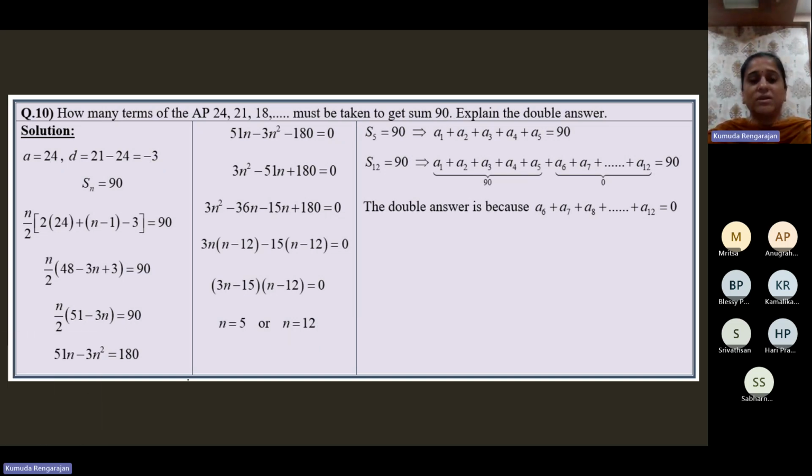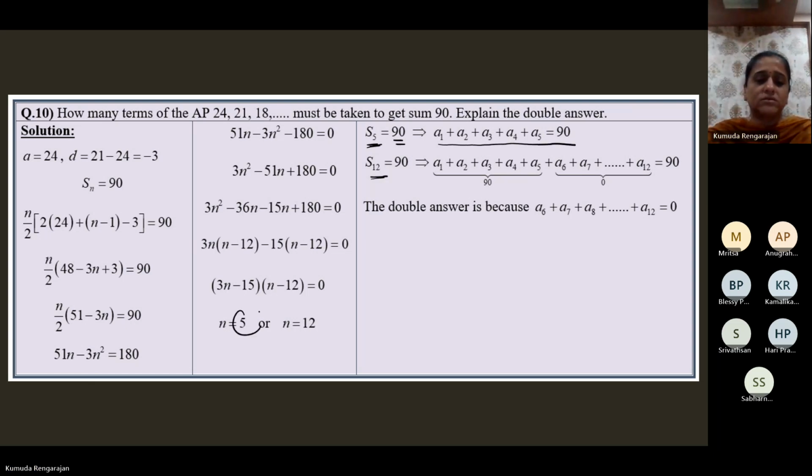So here explain the double answer is because both are acceptable. n can be 5, n can be 12. You cannot say no for any reason. So you can see here, S5 is 90. The sum of the first 5 terms is 90. Means A1, A2, A3, A4, A5. The sum is 90.